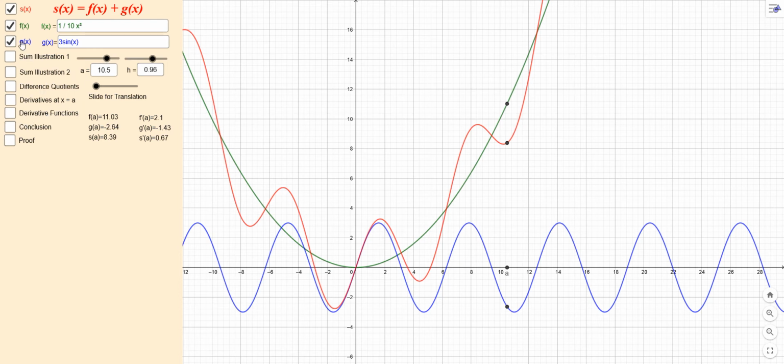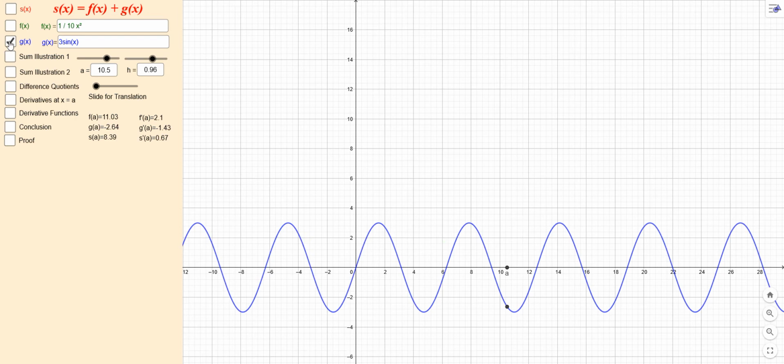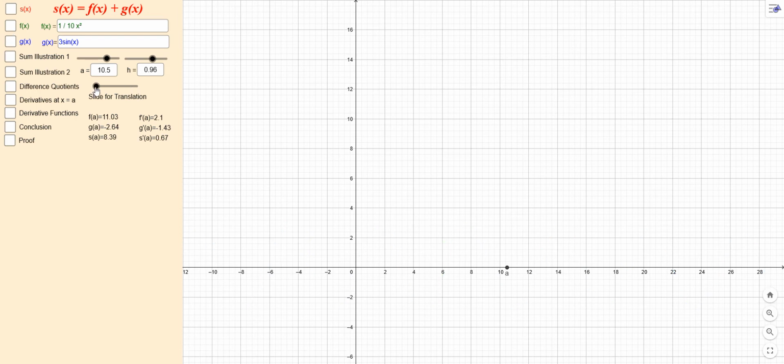true for functions. Now, to illustrate that, I'm going to turn everything off here, reset the slider back all the way to the left. So we start with a clean slate here, and let's look at the derivative functions. So we could probably guess the derivative of this quadratic. Let's just go back there, and get an idea what the derivatives might look like.